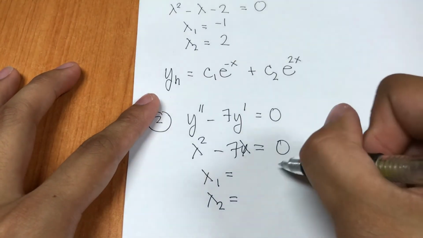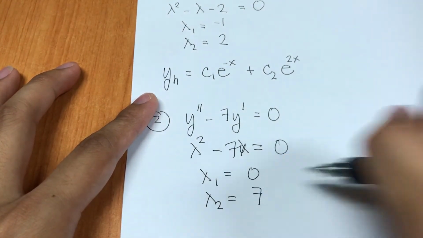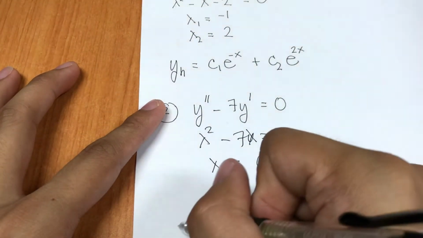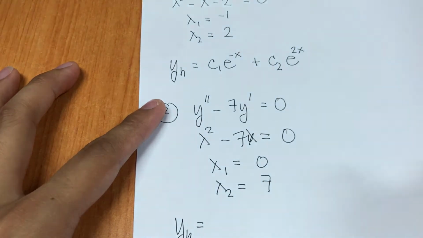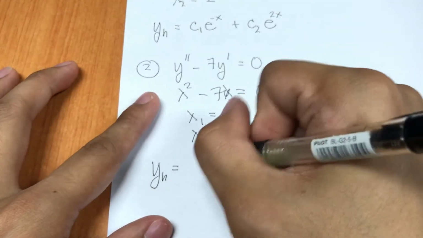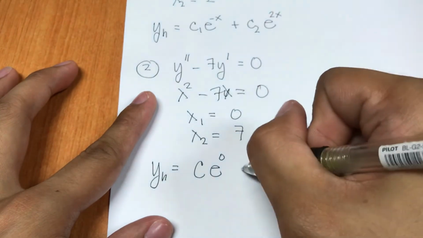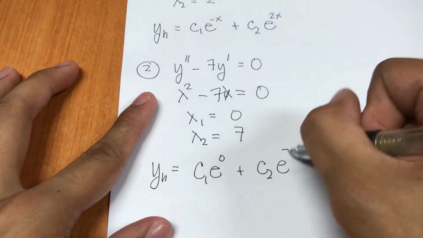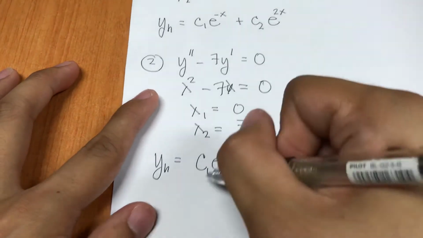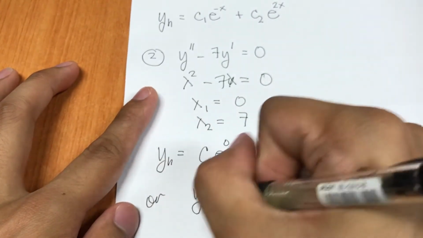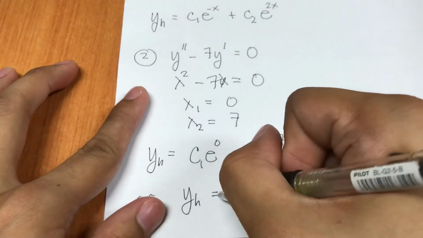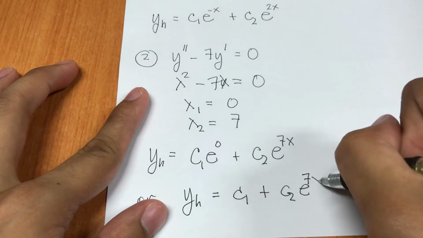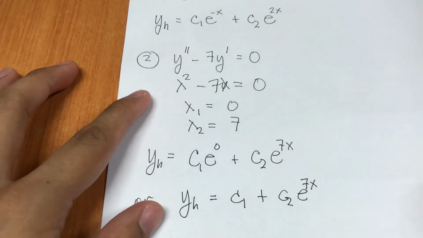Case 1 again, because 0 and +7 are our lambdas. So our solution would look like C1 e to the power of 0 plus C2 e to the power of 7x, or C1 plus C2 e to the 7x. Final answer.